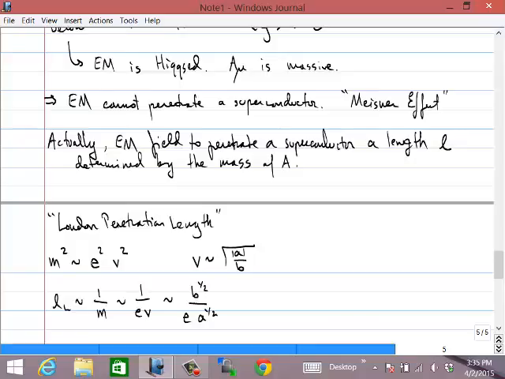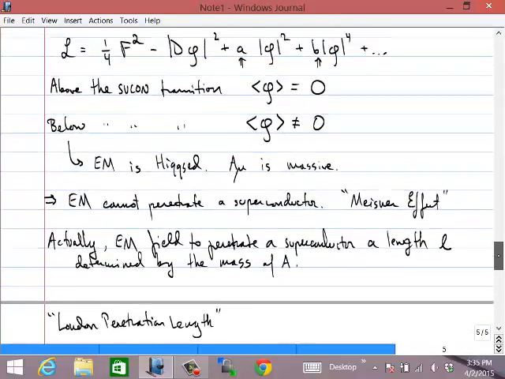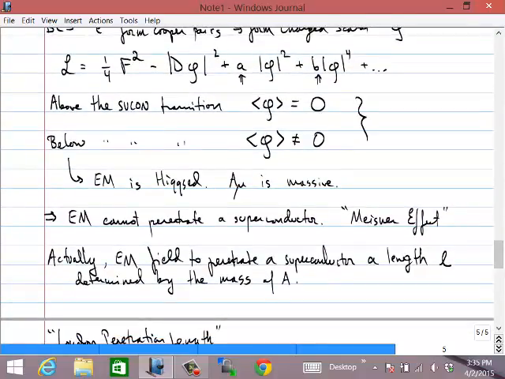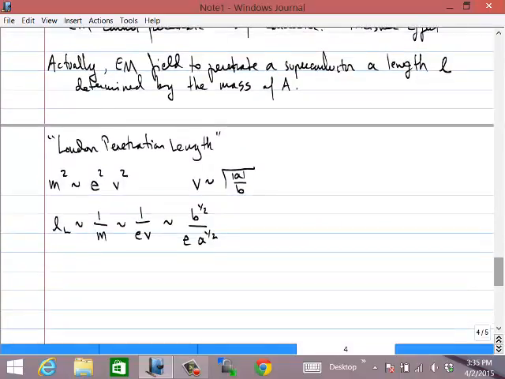Now, Landau and Ginzburg took this one step further, and they said, well, we have the superconducting phase transition, above which phi is equal to 0, and below which phi is not equal to 0. That means that that coefficient a must change as we dial the temperature. So let's do a Taylor expansion near the superconducting phase transition and expand a in powers of T minus T critical, where T critical is the critical value of the temperature.